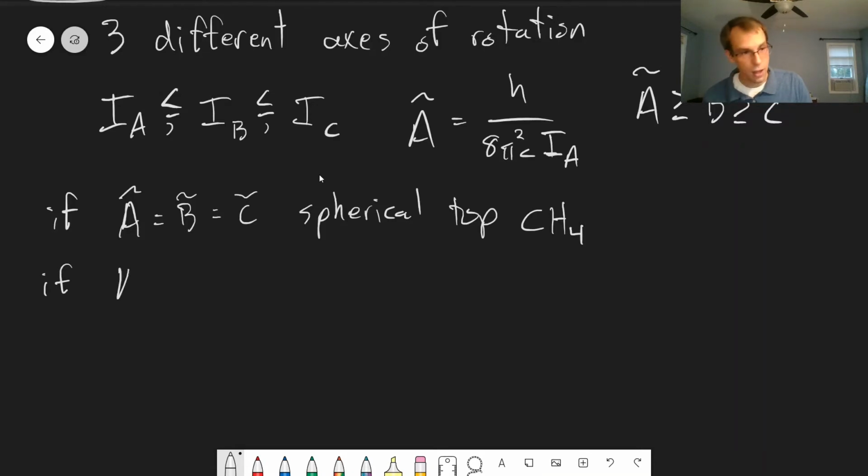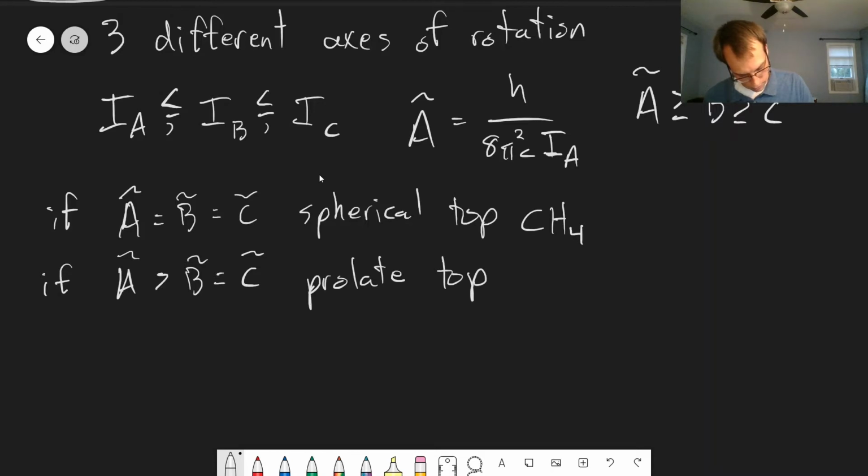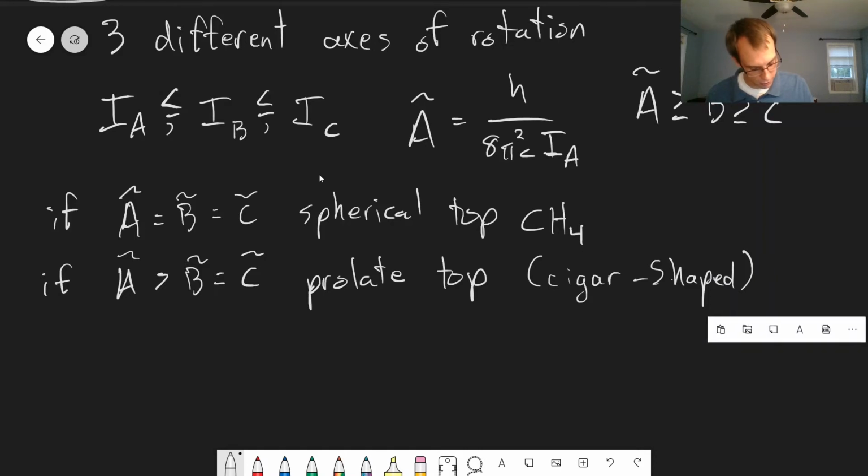If A is bigger than B, but B and C are equal to each other, this is known as a prolate top. A prolate top is, roughly speaking, cigar-shaped. And this would be something like methane, but with one bromine on it, for example.